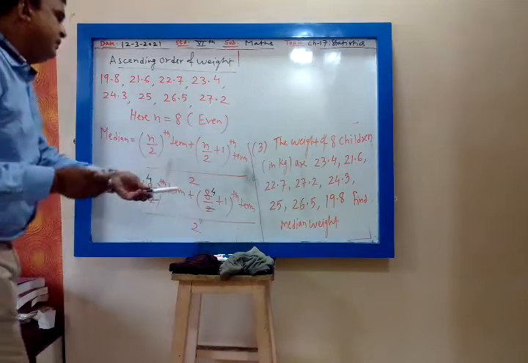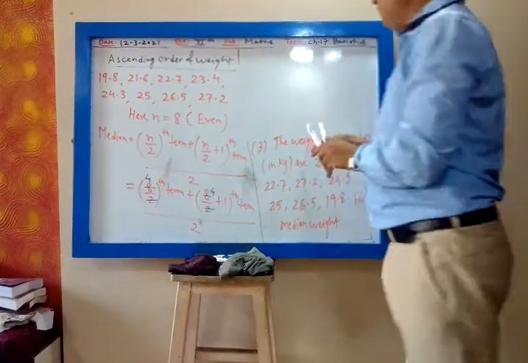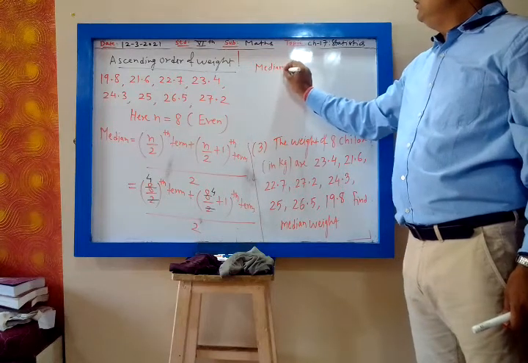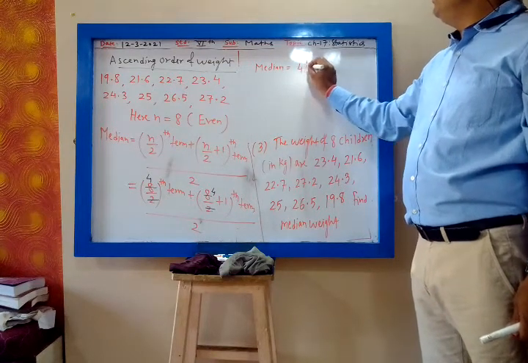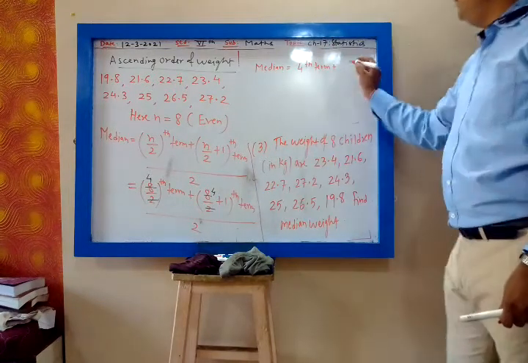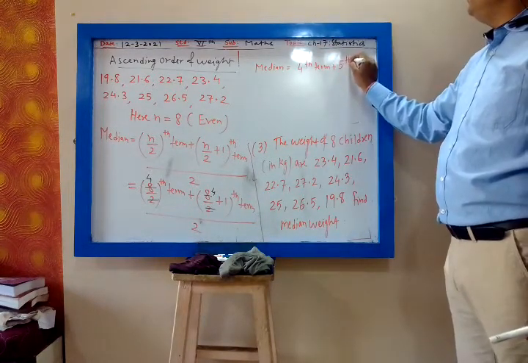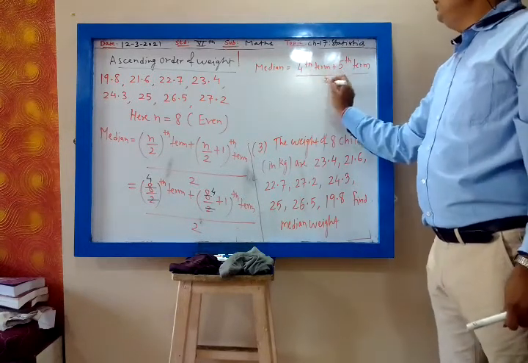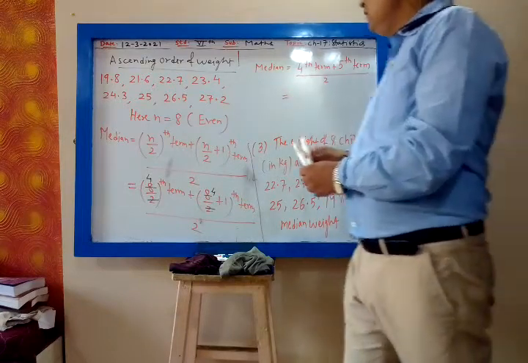Then it is the 4th term plus 4 plus 1, the 5th term. So the median will be the 4th term plus the 5th term, divided by 2. What is the 4th term?